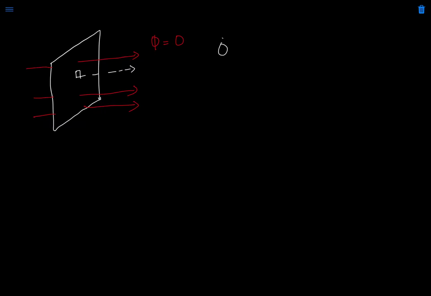So the electric flux for this situation will be equal to E times A cosine phi, wherein we can simplify this as cosine 0, and cosine 0 is equal to 1, thus the electric flux for this one is EA.